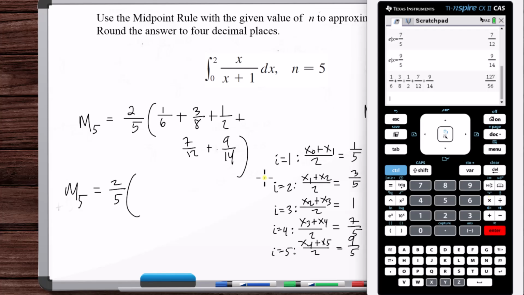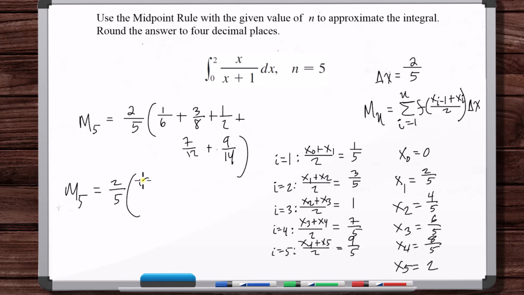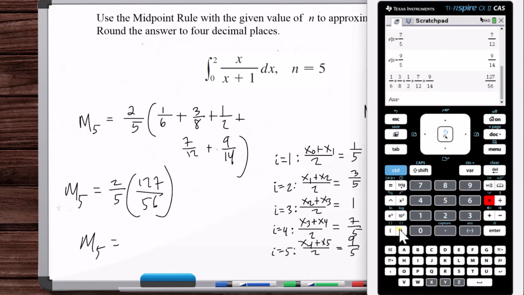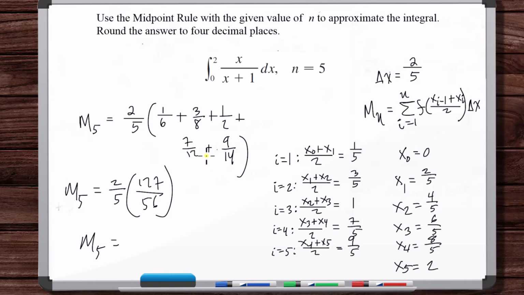Okay, now, so 127 over 56, and then times 2/5. 127 over 140, which is 0.9071. That's 4 decimal places. So there we go. Just like that.